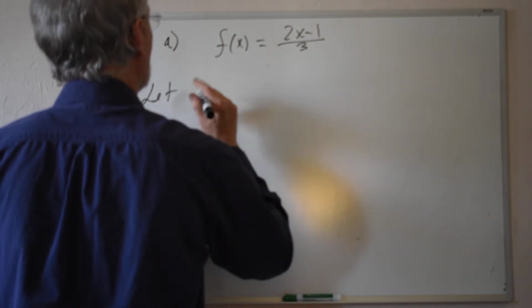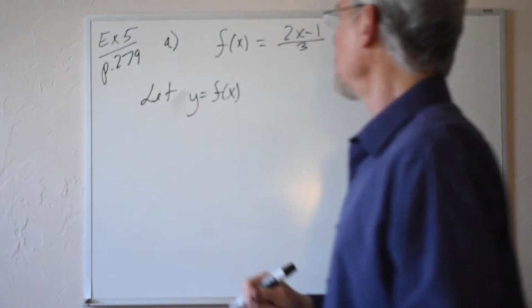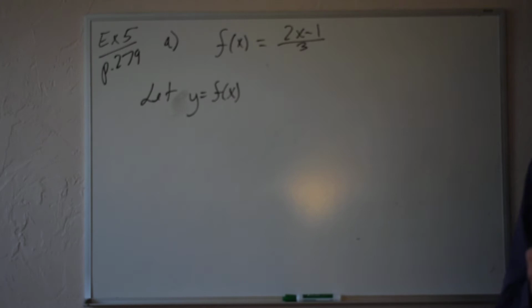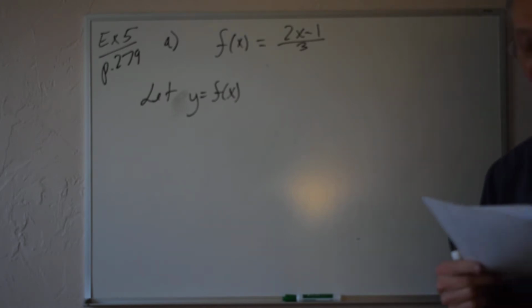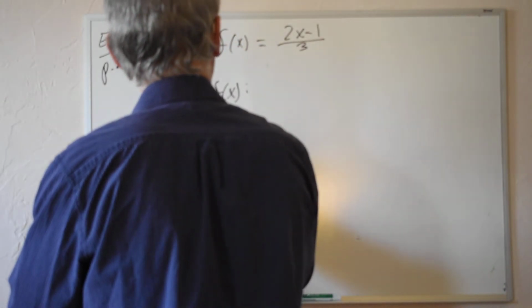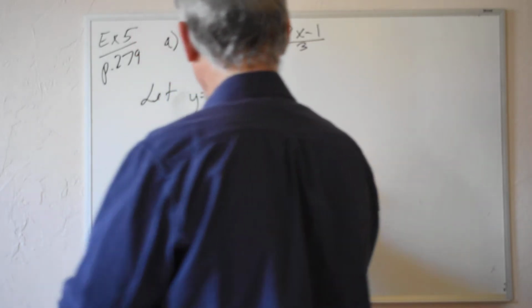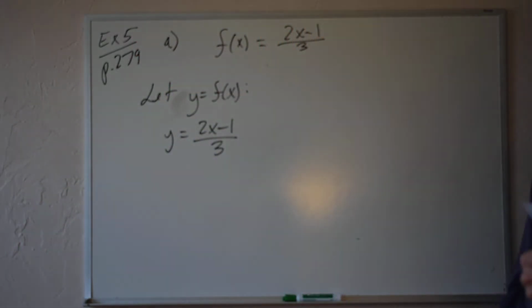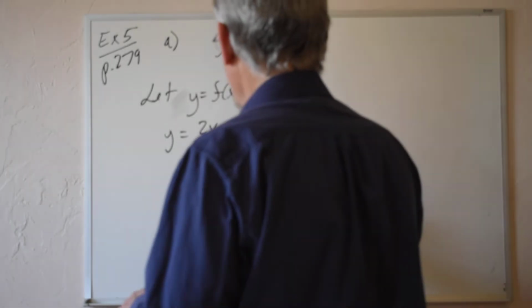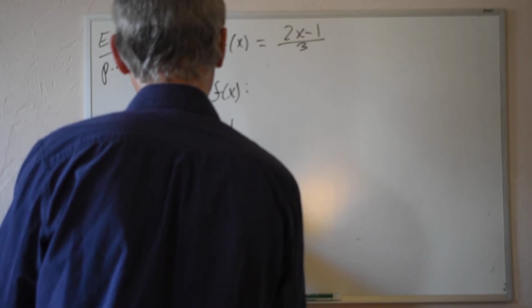Make that a little more readable. First, let me just let y be equal to that function, f of x. So then, this is true. All right, just replacing f of x with y. Now, in your textbook, it shows you this nifty step.